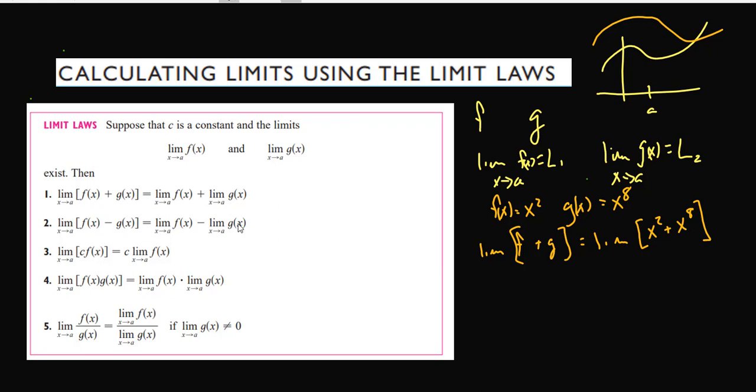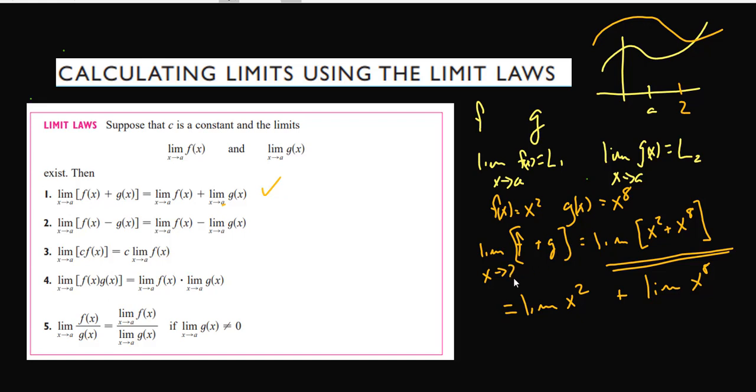So what this property says we can do is break up this question into the limit of x squared plus the limit of x to the eighth. So that's all this property says. I should fill this stuff in. I should say as x goes to a specific a. Let's not be so abstract as to say some unspecified a. Let's say a is actually equal to 2.